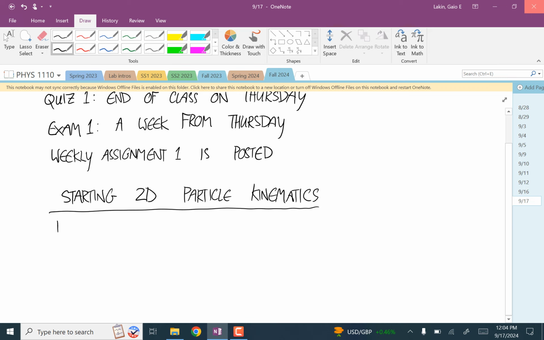A particle is a mathematical treatment of an object where the object only exists at its center of mass.